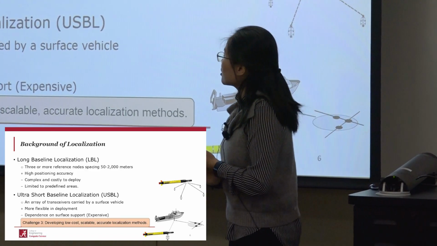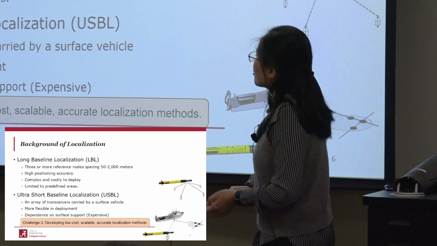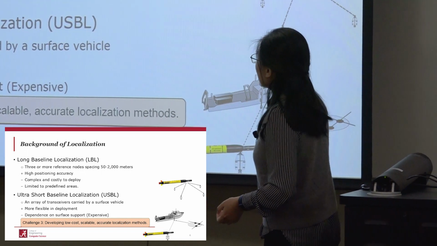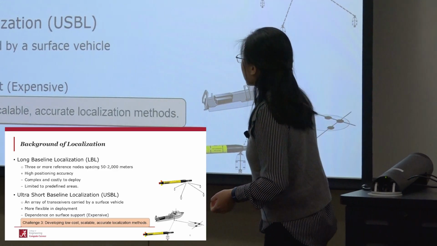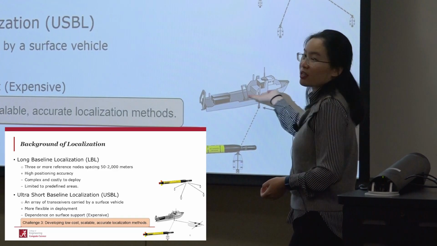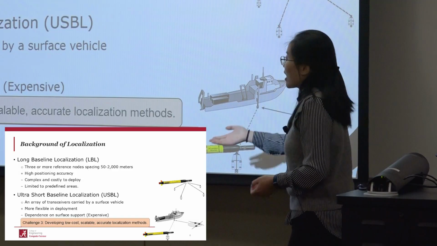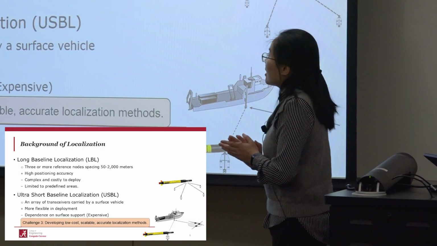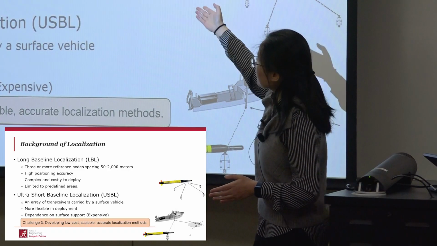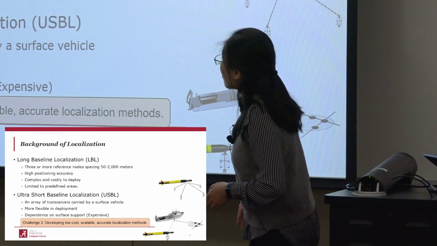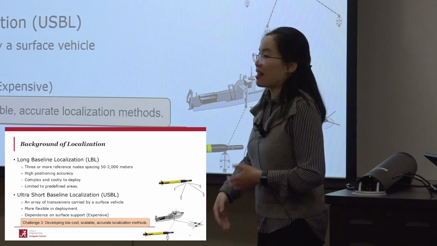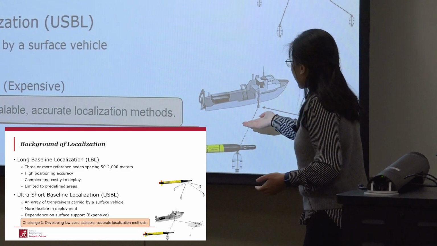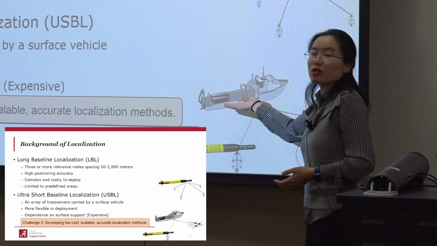So another alternative option is using ultra-short baseline localization. It uses an array of transceivers carried by a surface vehicle, basically a vehicle carrying mobile reference nodes. Compared to the LBL, the deployment of this is more flexible, because it can be carried by the surface vehicle.